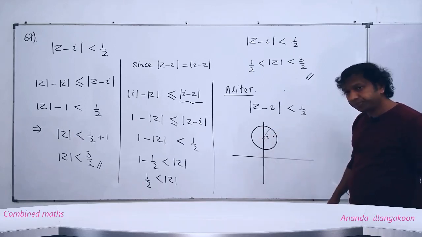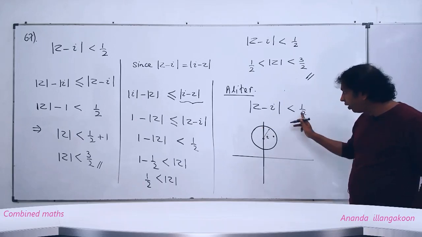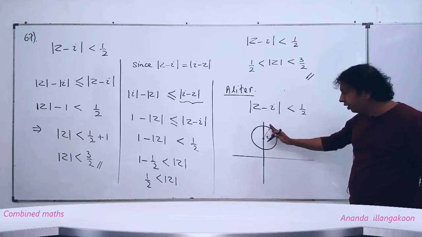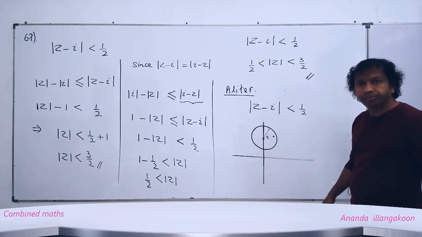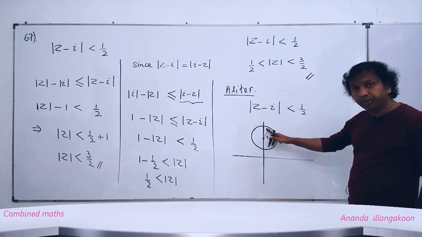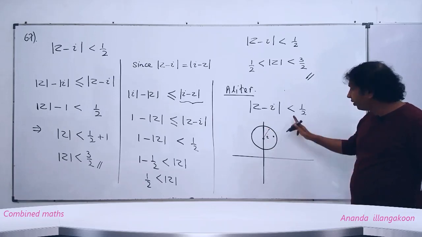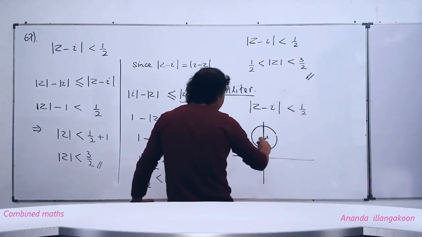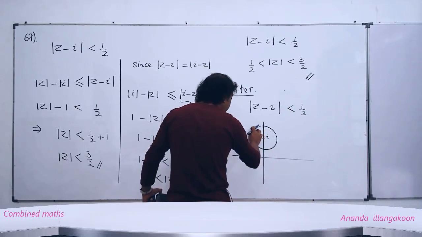That length should be half. For that length to be less than half, definitely that z should be inside the circle. Then only the distance from this i to that point is less than half. Then this region means, people, inside the circle. Inside the circle means this circle we have to draw with dotted lines like this.